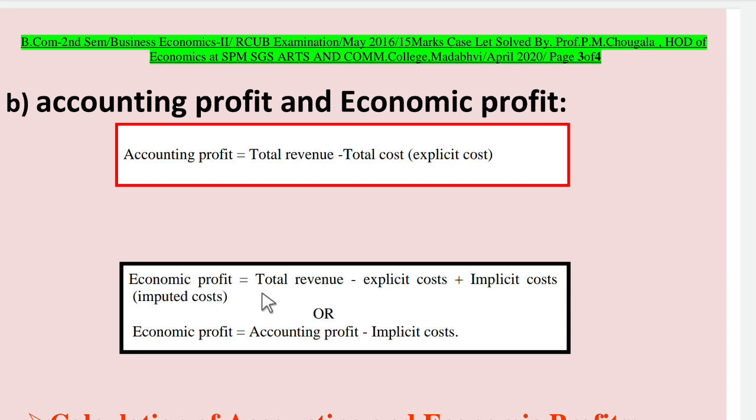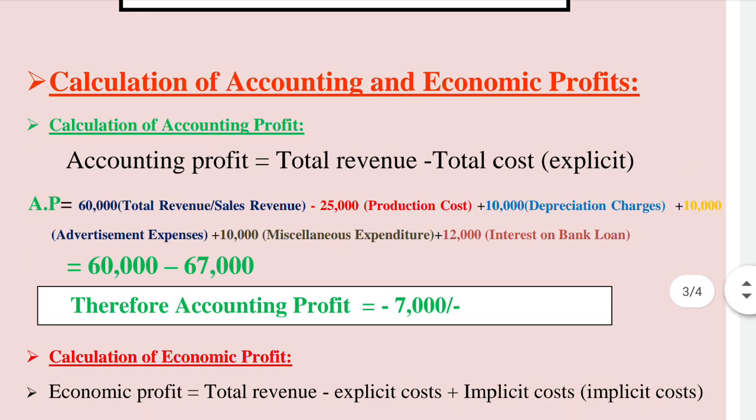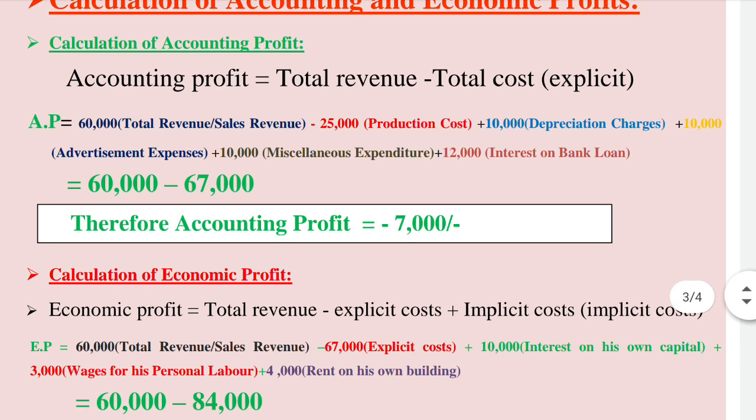Economic profit is calculated as total revenue minus explicit plus implicit costs. By applying the above equations, first of all we have to calculate the accounting profit. Accounting profit is equal to total revenue minus total cost. Only explicit costs are considered while calculating the accounting profit.